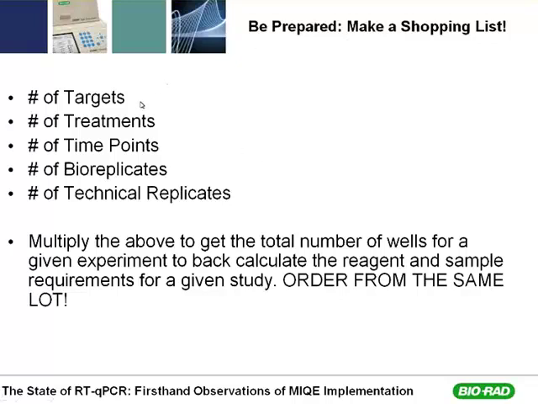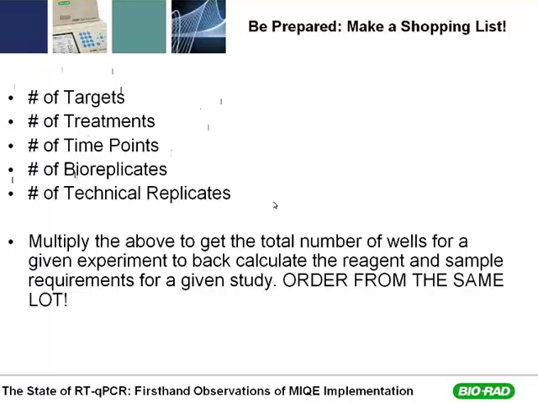To make a shopping list, list the number of targets, meaning genes, that you intend on using, the number of treatments that you intend on testing, the number of time points, the number of bioreplicates in your study, and the number of technical replicates. And by listing these numbers down and then multiplying all the numbers against each other, you'll get a grand total number, which actually equates to the number of wells that you would require in a given experiment.